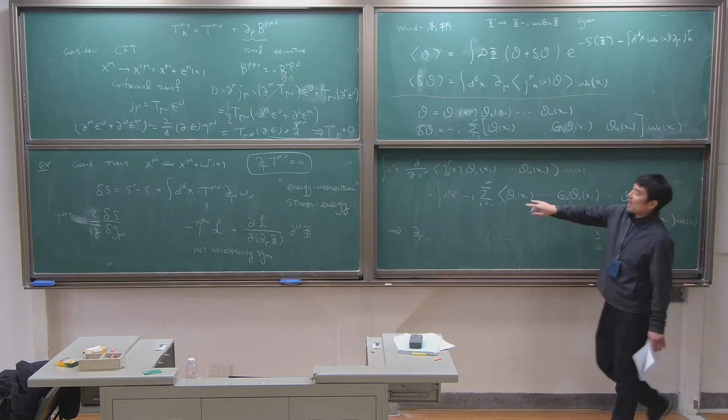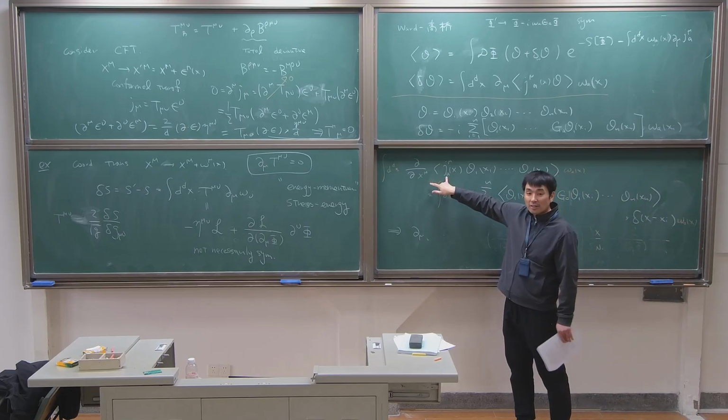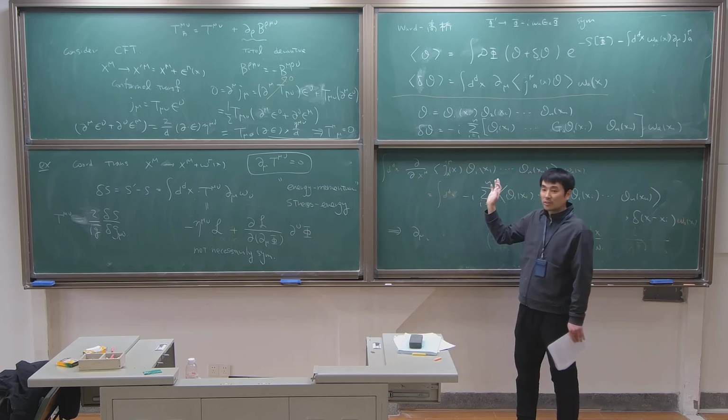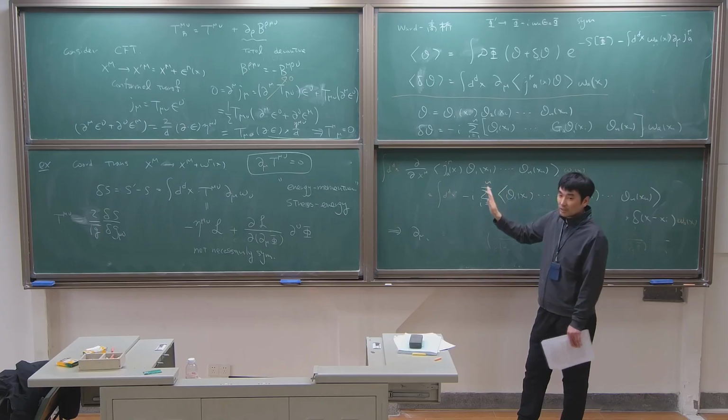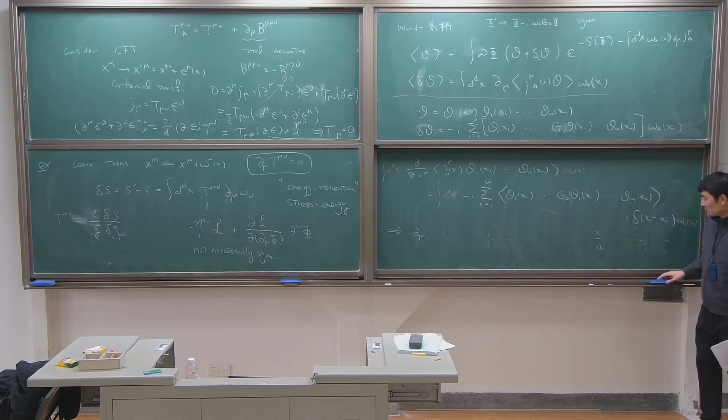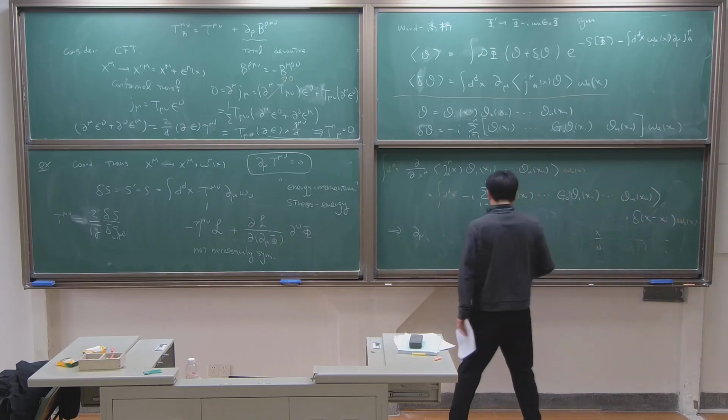So therefore, if you plug in this Noether current, and take the derivative inside the correlation function, it's almost zero up to contact terms. This is called the contact term.